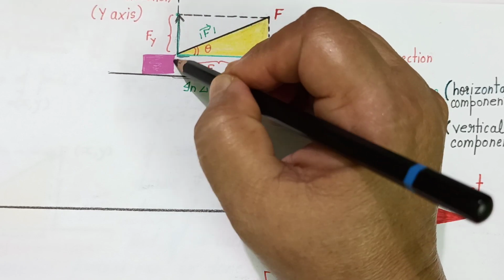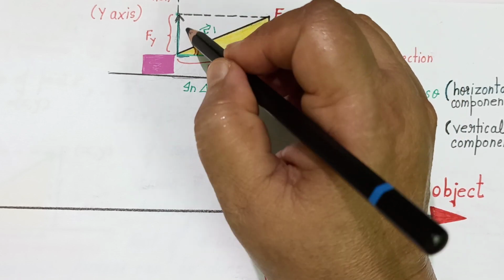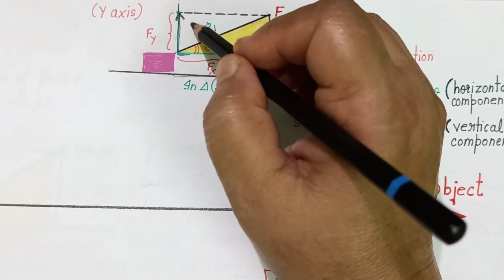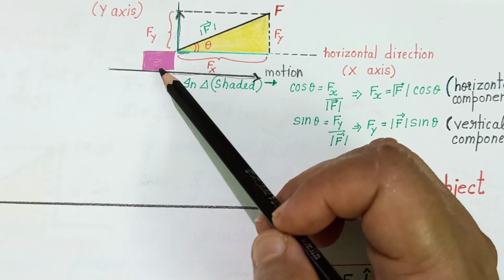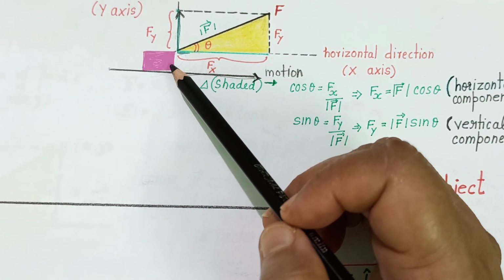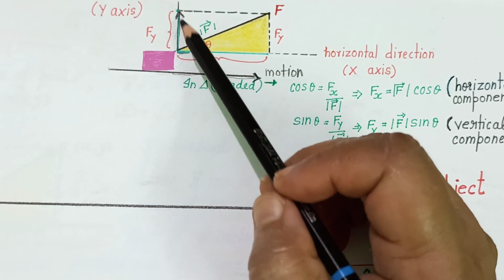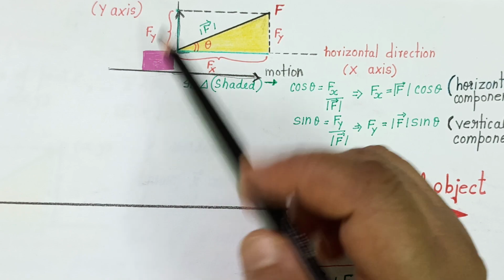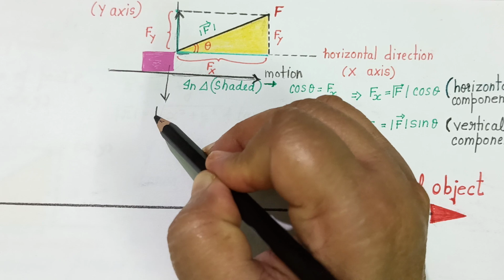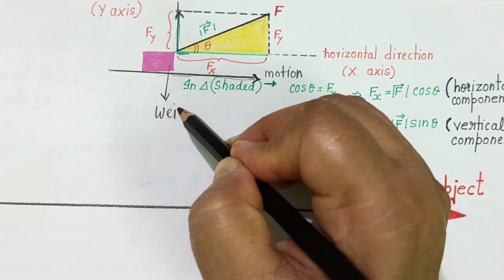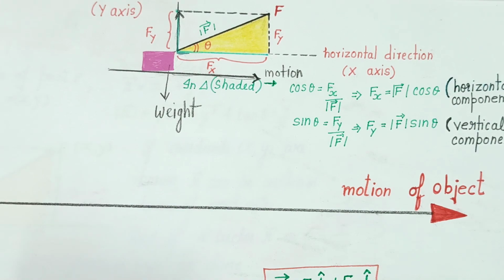The effect of the force in vertical direction comes into the picture, and this matchbox shows its displacement in vertical direction also, because the weight which is acting downward is very small in case of the matchbox.